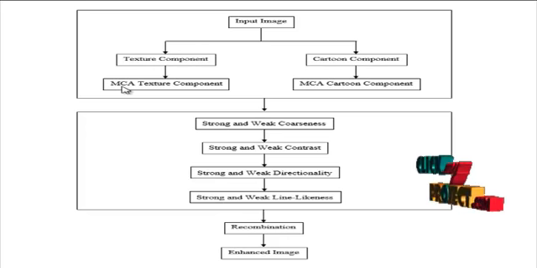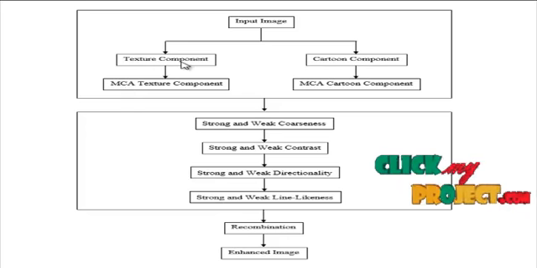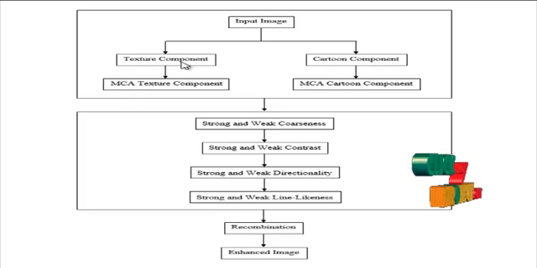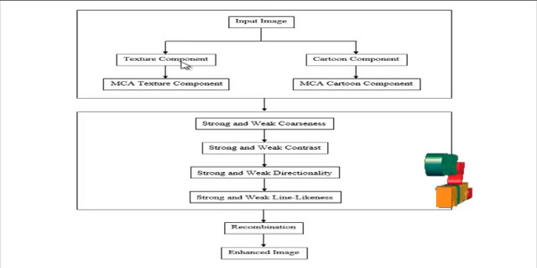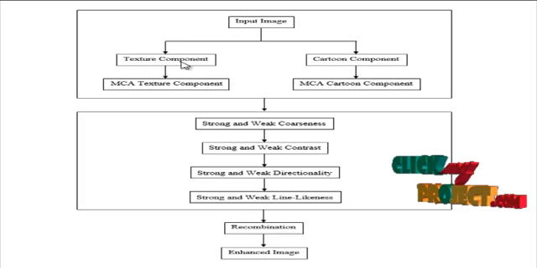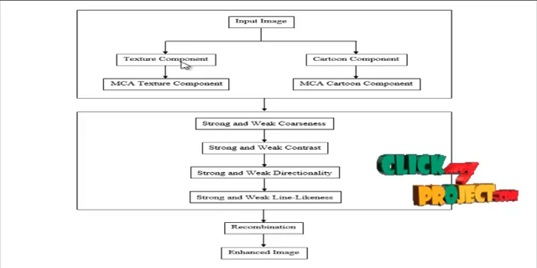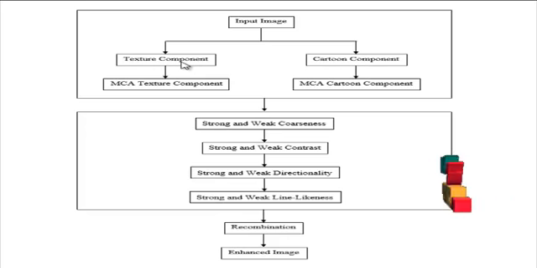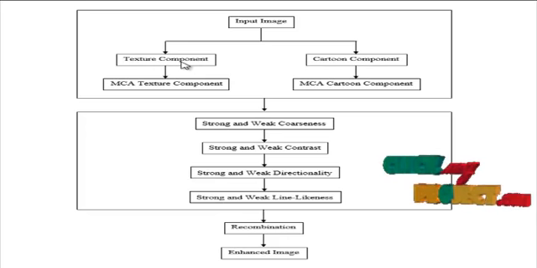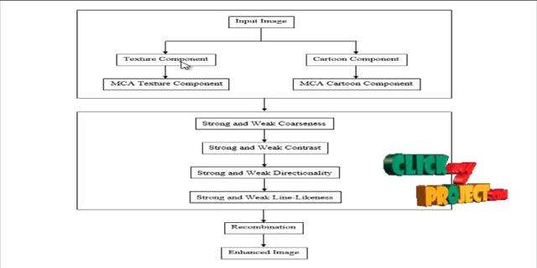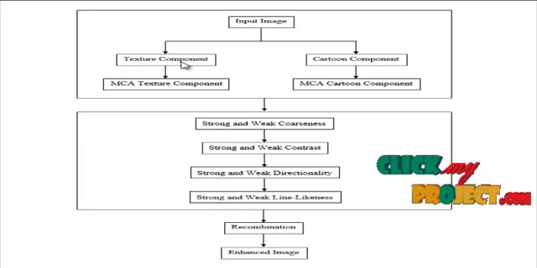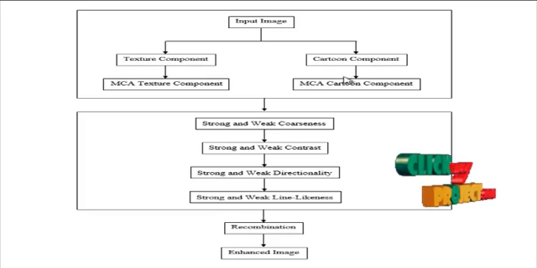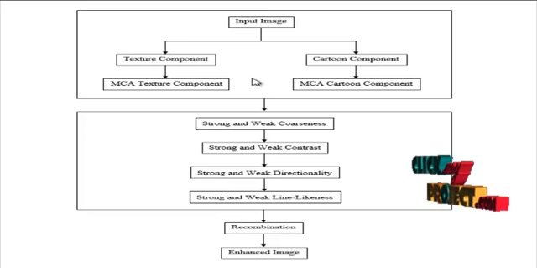In the morphological component analysis, at first the texture component and the cartoon component are assigned by default, and the initial texture component is kept constant, and the remaining component, that is the cartoon component, is enhanced, and after that the cartoon is kept constant and the texture component is generated. This process goes on iteratively till the stopping condition is achieved, and the resulting texture and cartoon components are the decomposed input images.